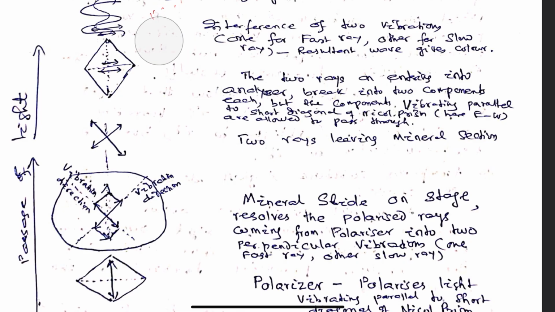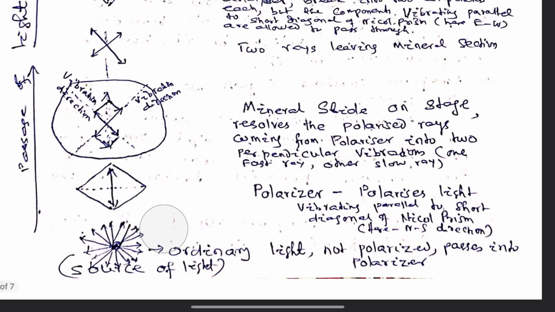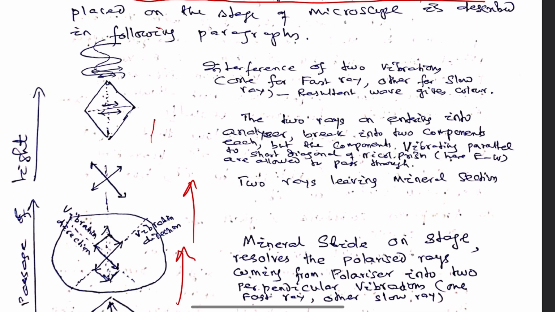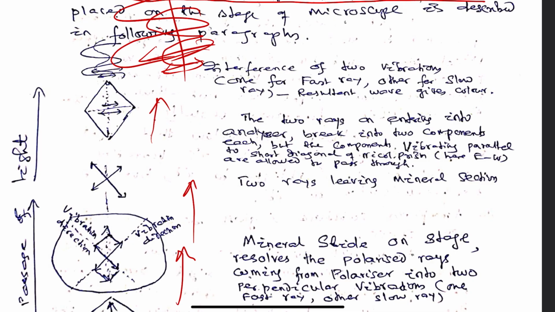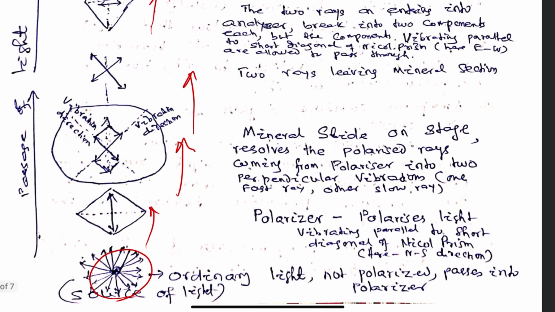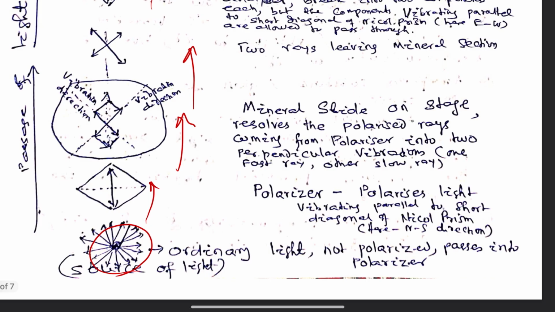So this is the phenomenon that happens when we allow the light to pass from the light source through a polarizer to the mineral, then from the mineral to the analyzer. Ultimately, two rays are produced, one fast ray, the other slow ray, and they interfere finally to produce interference color. This fact we will discuss in detail.